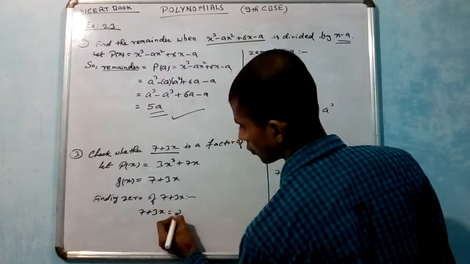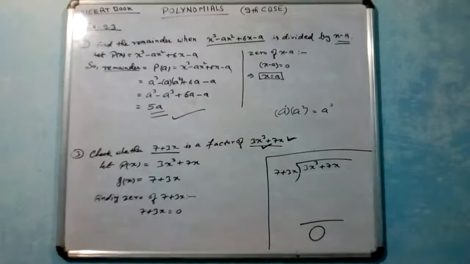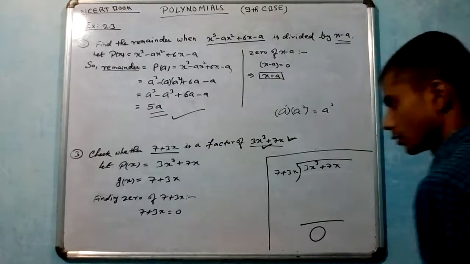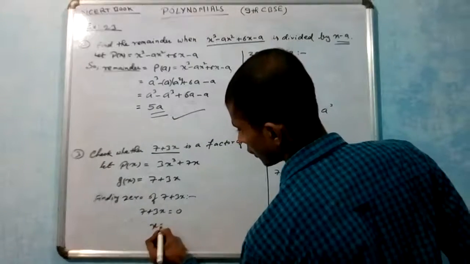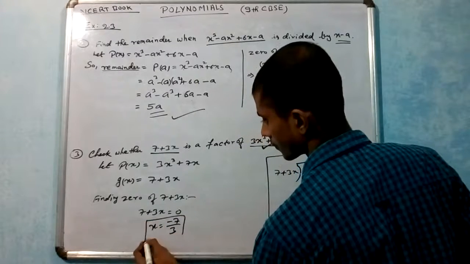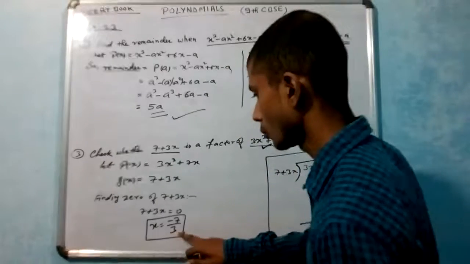How much will be the zero of this polynomial? Minus 7 by 3. So x is equal to minus 7 by 3. This is the zero of this g(x).